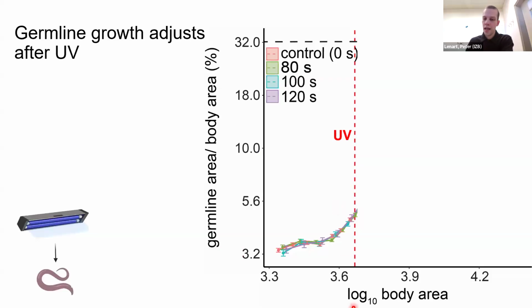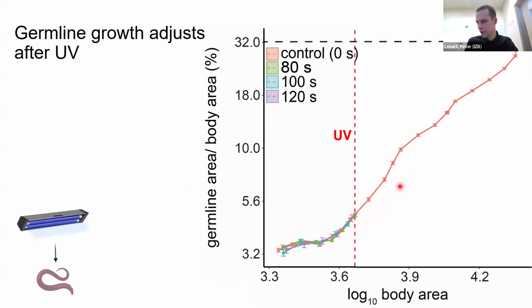And here at this plot, I'm showing body area and germline area and germline to body proportions on the y-axis. So here there are 4 conditions. So control, there is no irradiation, and then there are 3 different durations of the irradiation by UV. Before the exposure, all worms grow in the same way, as you can see here.